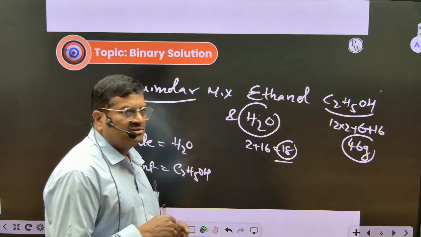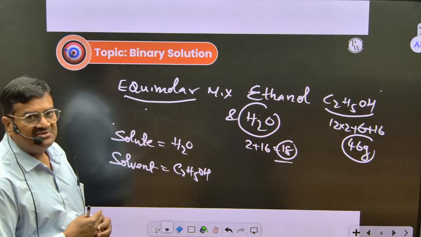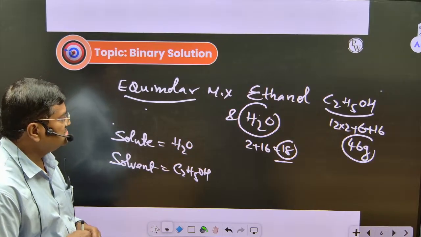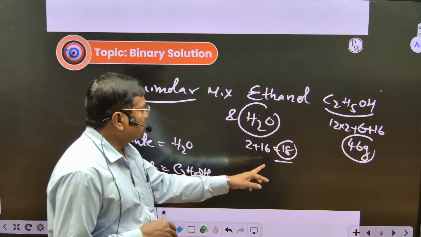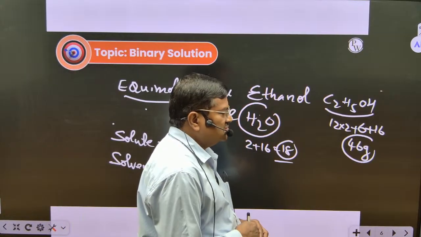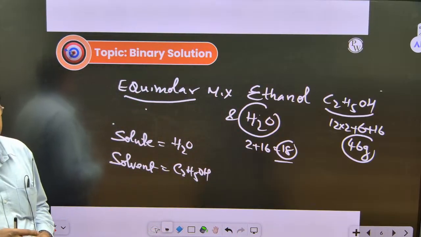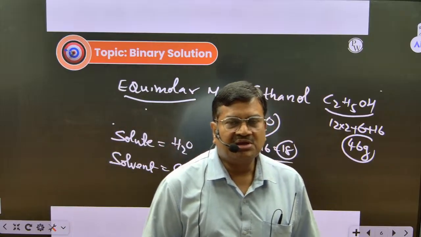And there I told you about the equimolar mixture of ethanol and water. In this, who is solute, who is solvent? Ethanol comes to be the solvent and water is the solute. Clear? One more point I told you: in the two components, if the physical state of a component changes in a binary solution, then it is called the solute.